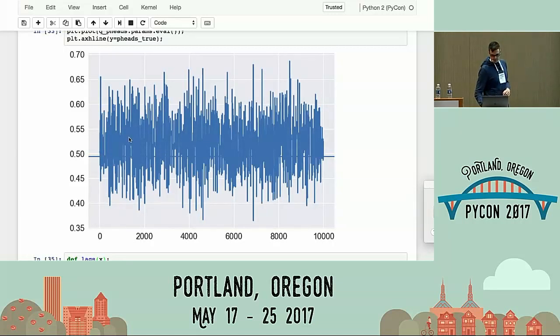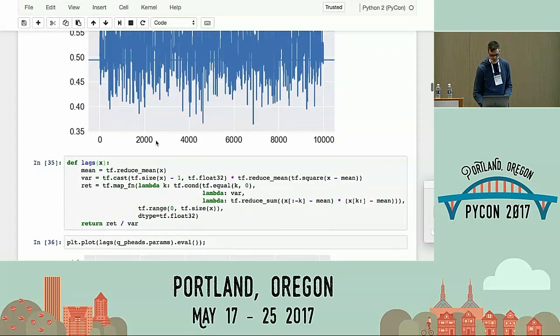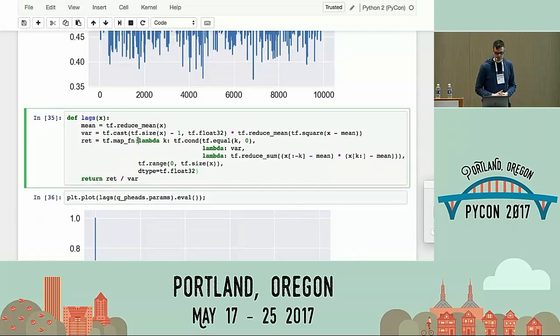And another thing is if you look at this visually, what you would like to have, people call this a good mixing. That means it should be as noisy as possible. And there you can still see a little bit of structure, and ideally you don't want to see any structure. A measure for how good the chain is, is the so-called lag. For those who are a bit mathematically inclined, it is the autocorrelation.